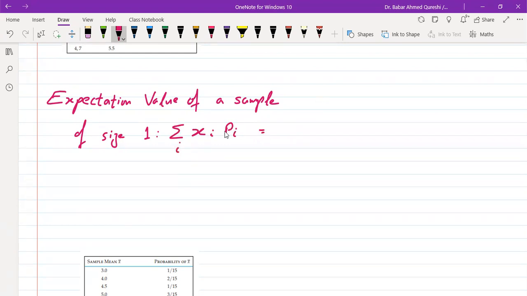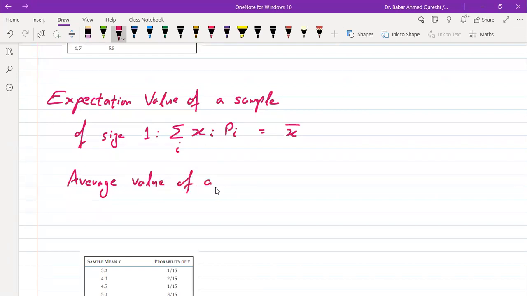But since these probabilities were equal to the frequencies in the population, this is exactly this mean, which is the expectation value of a sample of size 1, a random variable you picked up. This expectation value is equal to the population mean, or average value. So I'm going to stick to this. When I say average, I mean probabilistic average.